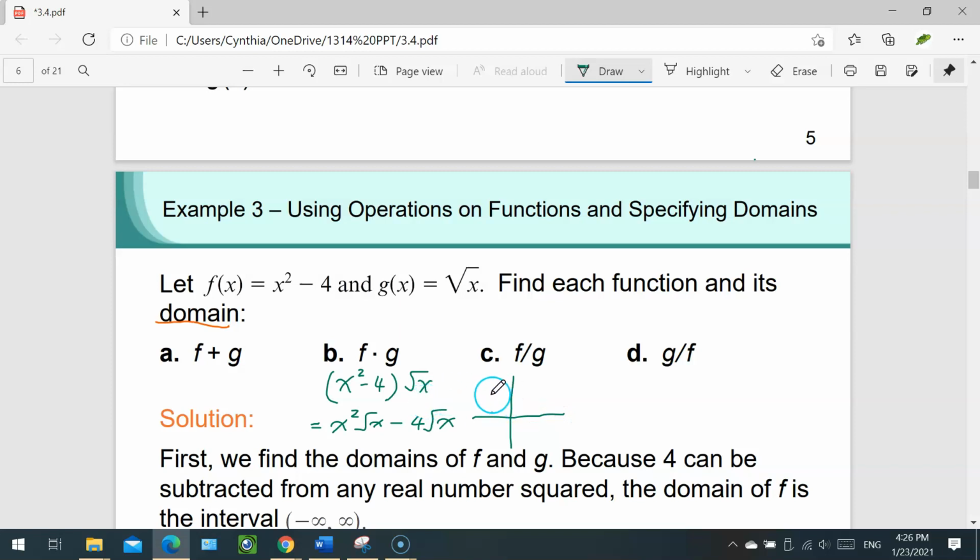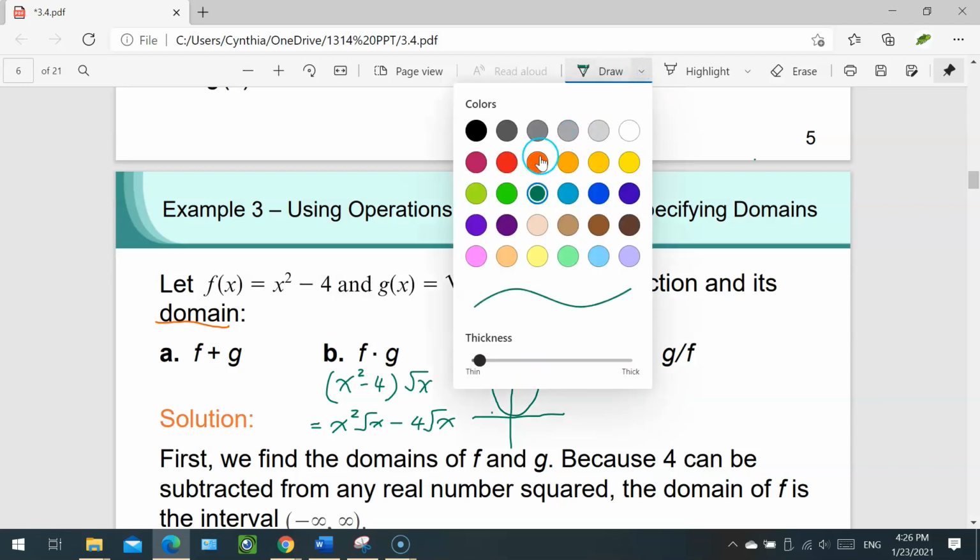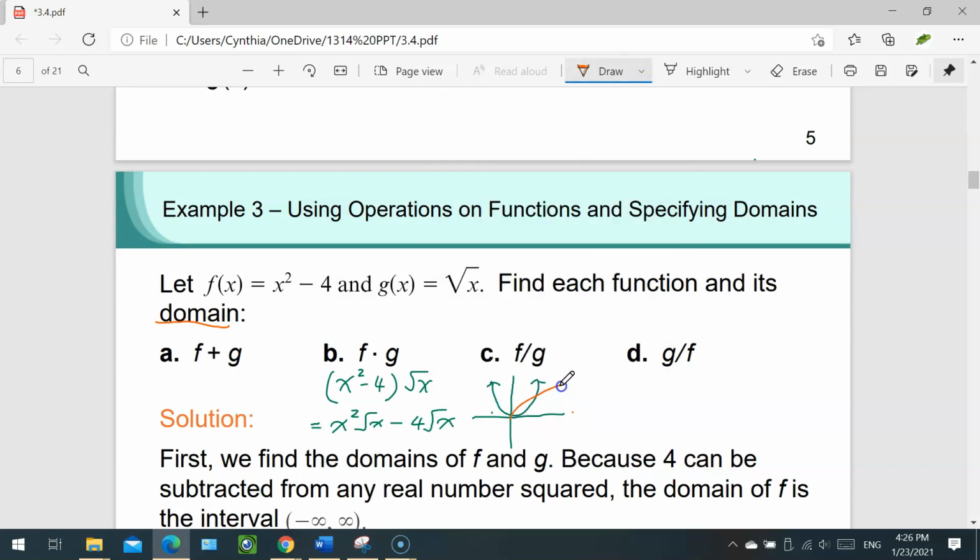You have the x squared parabola multiplied with the square root x, so it's here, then minus 4 root x, which is another part of the 90 degree curve. Now we just need to look at the graph and see which region they are overlapped. As you can see, the region they are overlapped starts from 0, 0 and goes to forever. So the domain of your part B is the same as part A, bracket 0, comma, infinity.